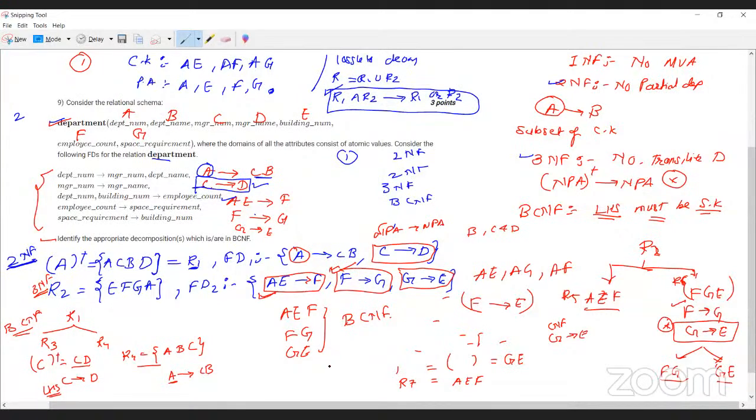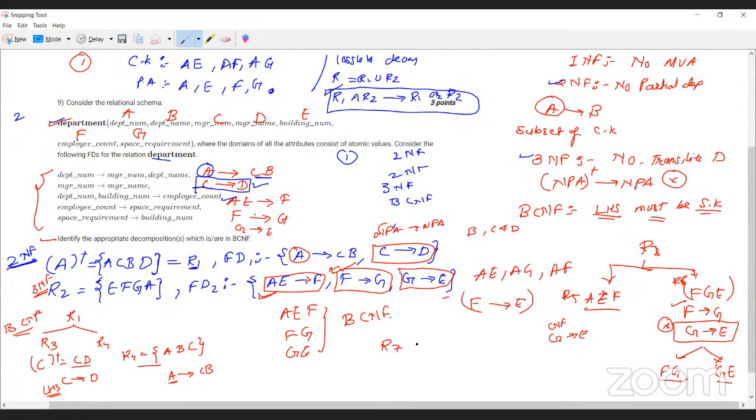But you have just divided it into two relations, R5 and R6. I divided it into three relations, R5, R6, R7. R7 was G closure. Is R7 a subset of R6 only?